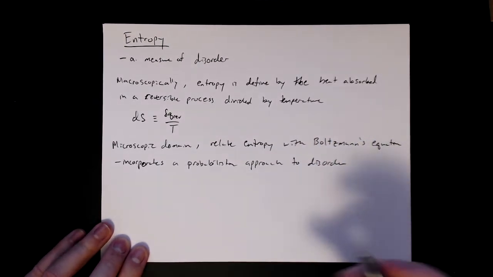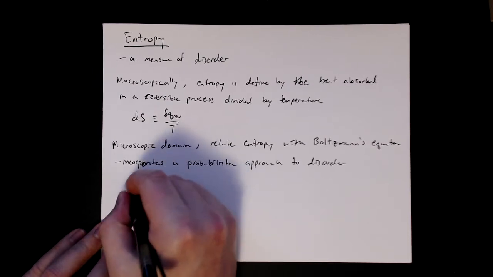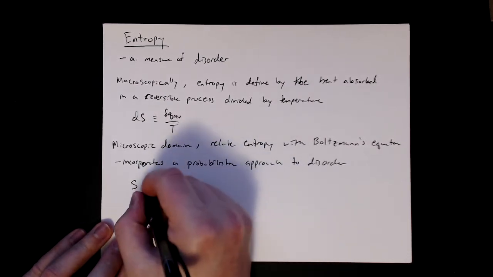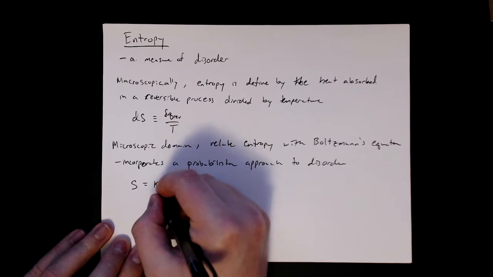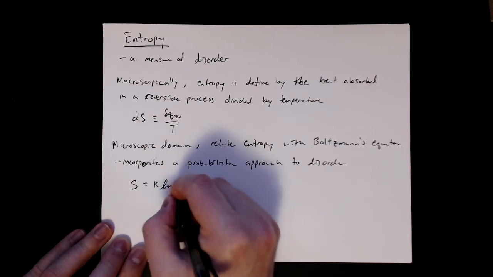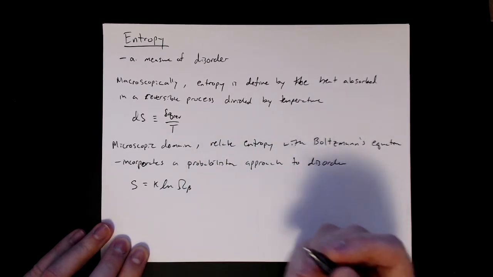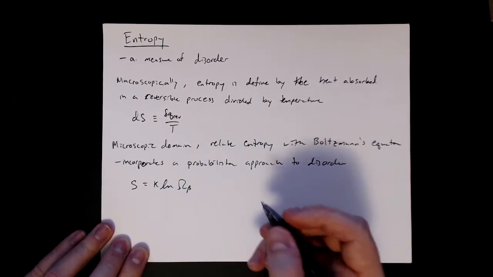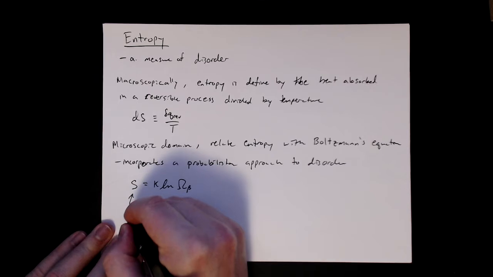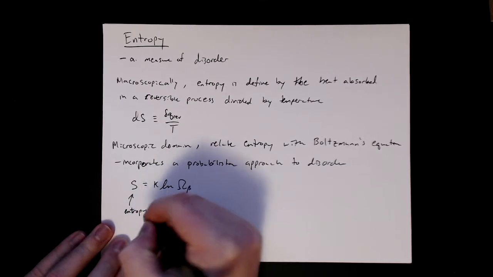And so that equation, Boltzmann's equation, is entropy, S, is equal to k times the natural log of omega. So this is entropy, right?